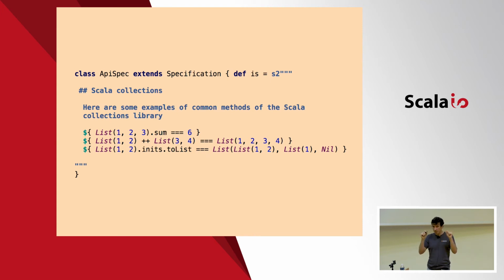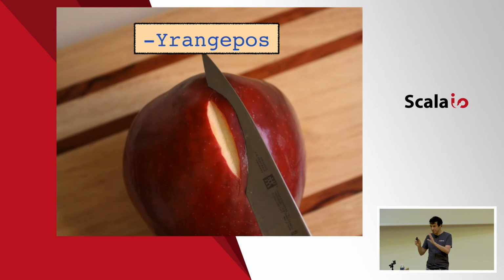So in order for me to capture the text, to render it on the console, I had to implement this as a macro, and use an option called -Yrangepos, which is a compiler option that's going to give you more or less information on where a value is inside your source file. This is a bit tricky. This generally works well, but I also discovered that this can crash the compiler in some cases. So if that happens to you, you're not completely out of luck. You can just remove the option.